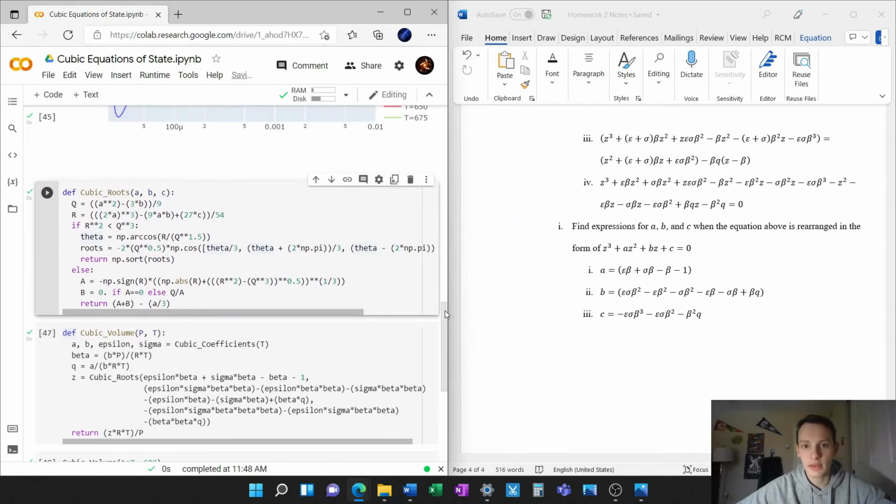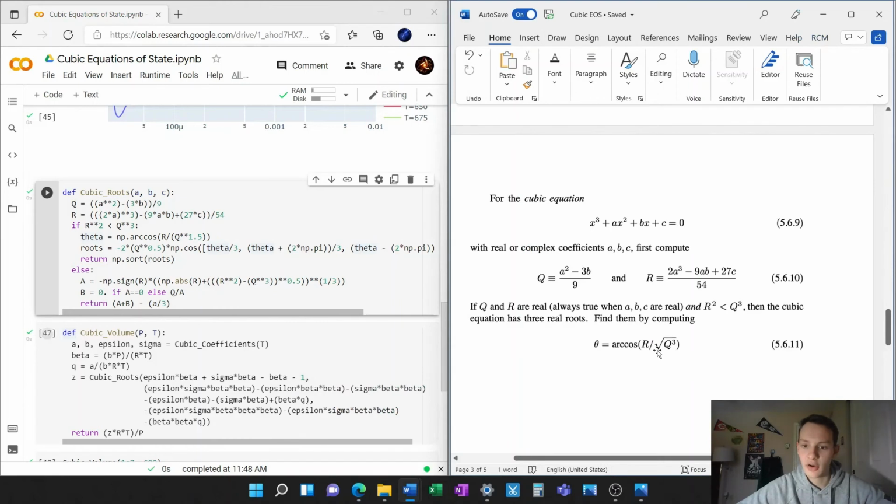So that gave me, obviously, a good hint here. And we know, for us, that we have R and Q, and that Q cubed must be greater than R squared to return 3 specific volume values. And that clued me into where the mistake might be, and I did actually find it.